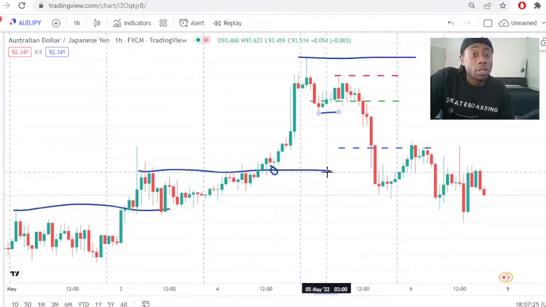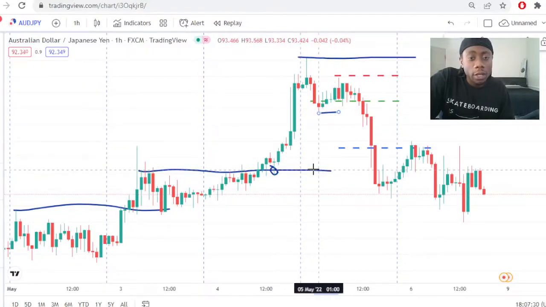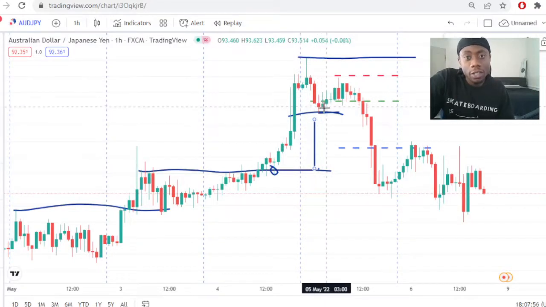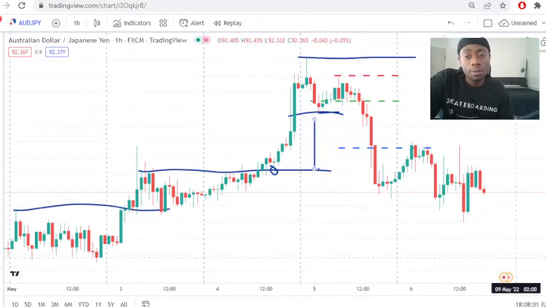As I mentioned a moment ago, there was a heavy idea that the market may find interest around this level, mainly because between where the market broke here and where it came all the way up here, there was no retracement. The market did not retrace or come back down. It was just a straight shot up until it came down here to create this initial support level.